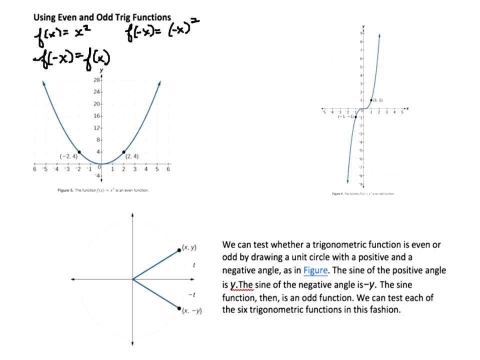So I'll just show you f of negative x. When I plug that in, I get negative x, quantity squared. That negative squares away, and I'm just left with x squared. So I started out with positive x squared and ended up with positive x squared, so none of my signs changed. Algebraically speaking, this is an even function because of that characteristic.